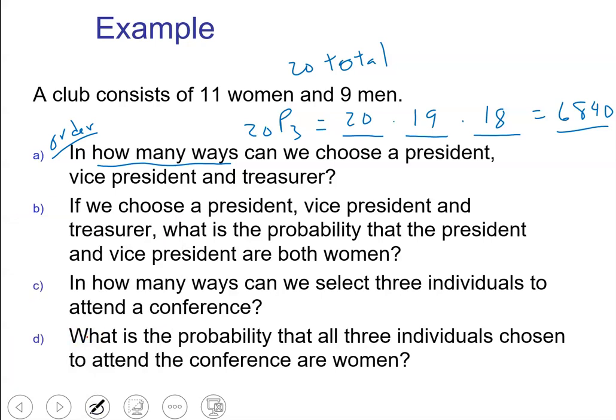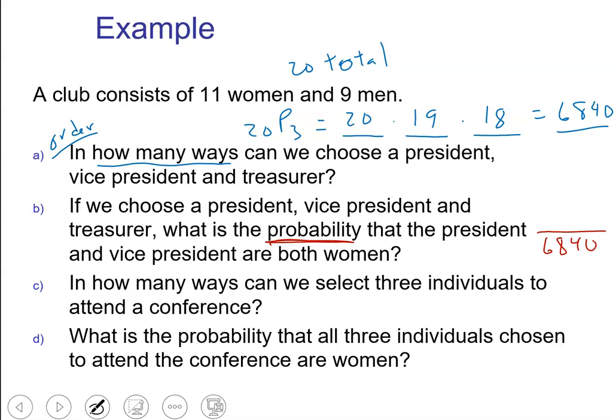All right, so let's take a look at B. If we chose a president, vice president, and treasurer, now we're talking about the probability that the president and vice president are both women. Here we have a little more work to do. We're still doing the total, so out of 6,840.